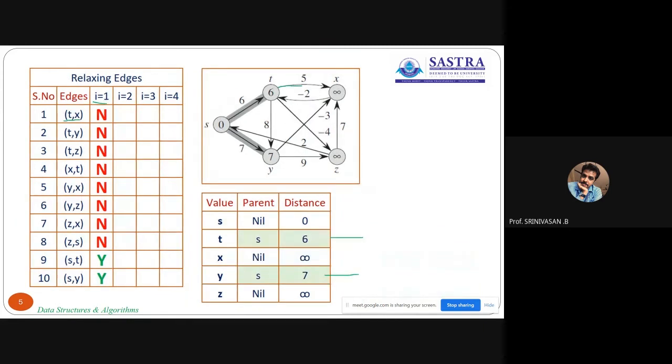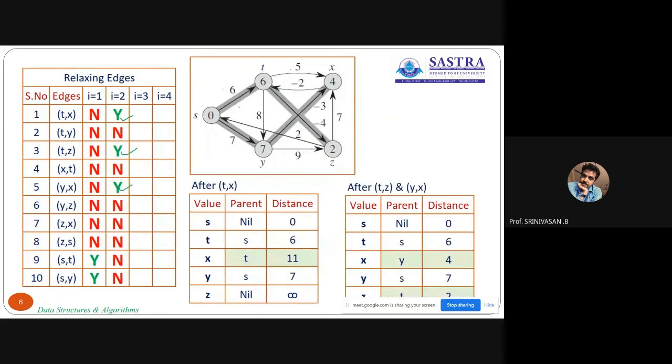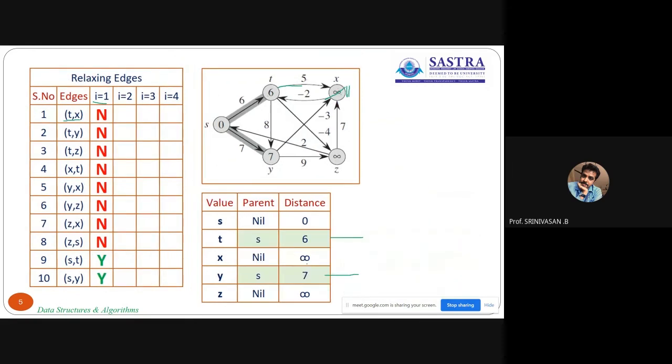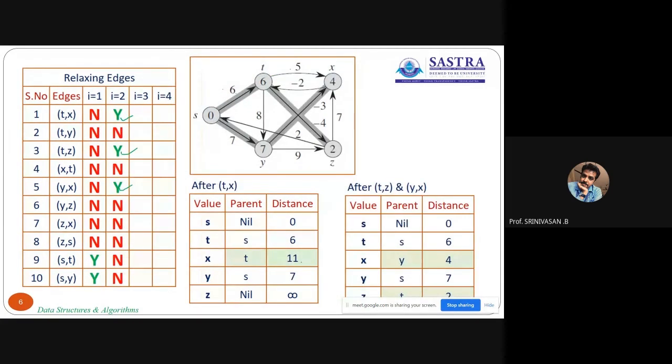So you have to see in that previous graph here. 6, 5, and then infinity. So 6 plus 5 is 11. 11 is less than infinity. Update. This is 11. Okay, so after relaxing the t comma x, the x is changed to t and 11, correct? T comma x distance is changed to t comma 11.